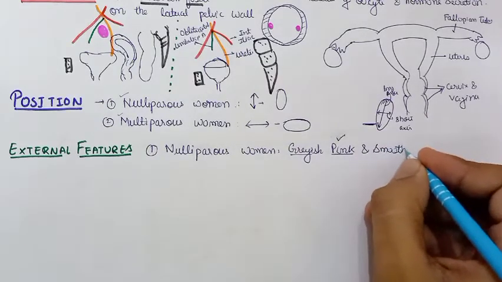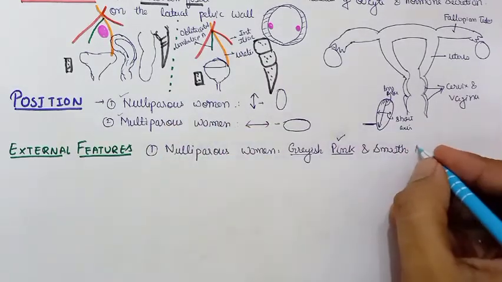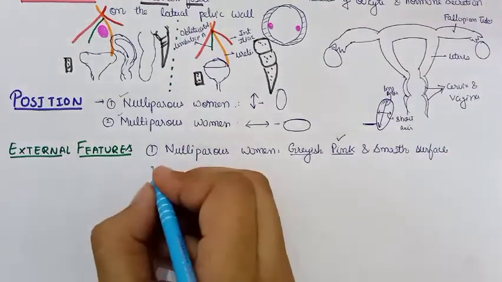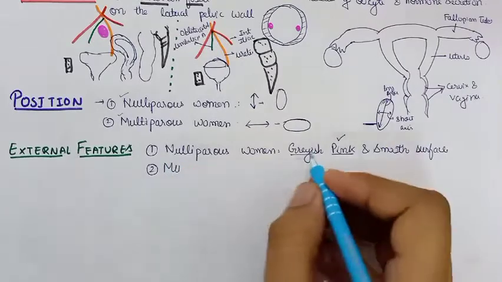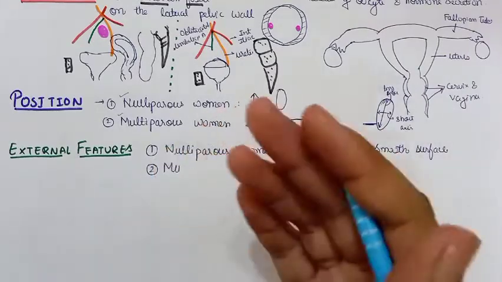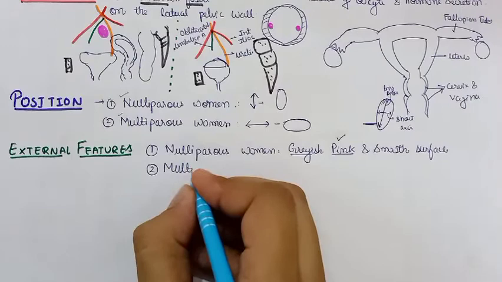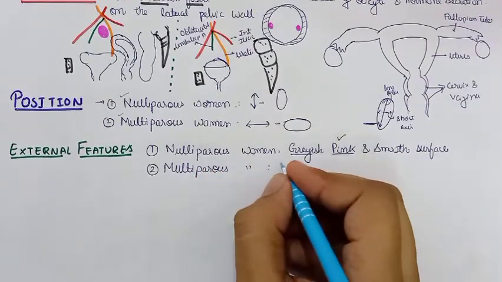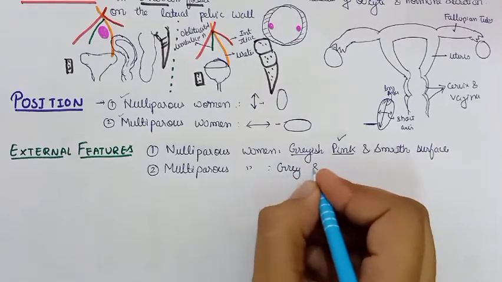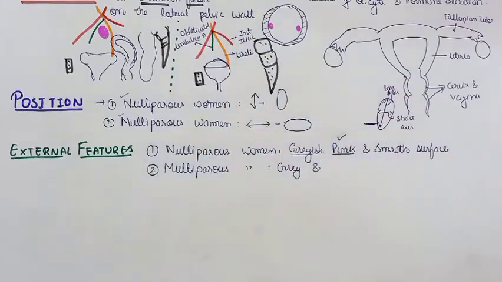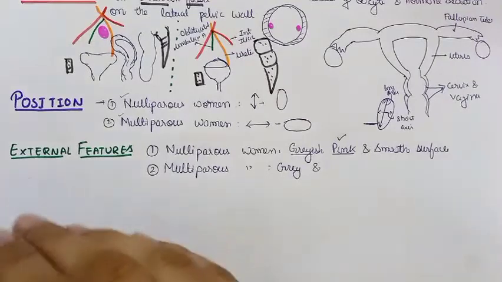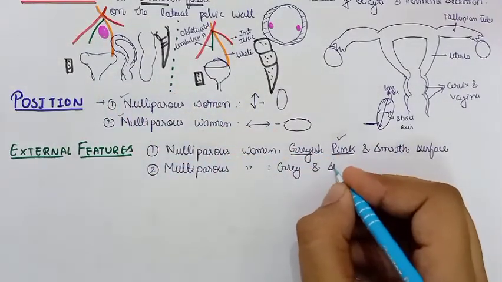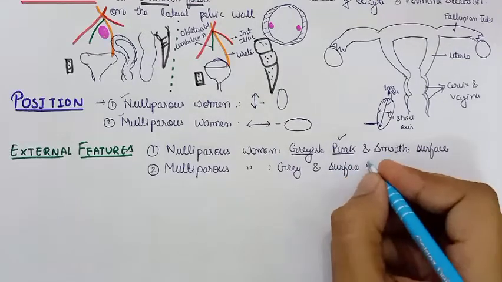But the scenario is a little different in the multiparous woman. What happens in the case of the multiparous woman is that the grayish pink color changes to permanent gray color. So in multiparous woman, the color is gray and the surfaces are irregular, or you can say uneven.